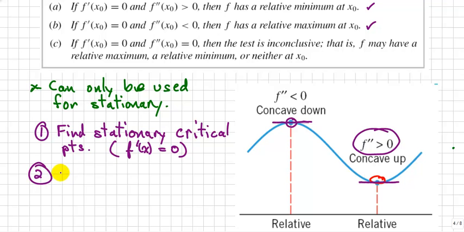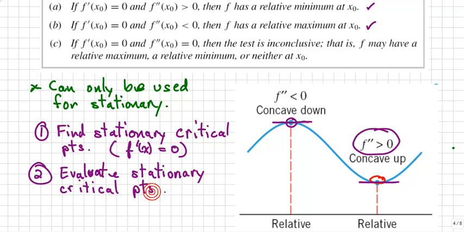And two, evaluate the stationary critical points in the second derivative. And the sign of the second derivative is what's going to tell us if it's a relative max or if it's a relative min. All right, so let's see if we can't tackle a problem for this.